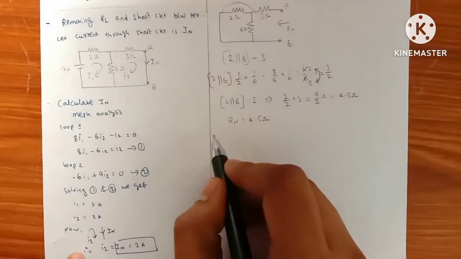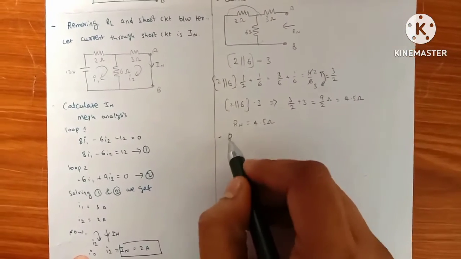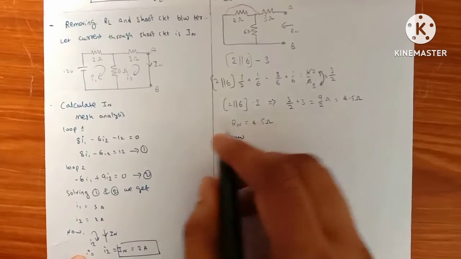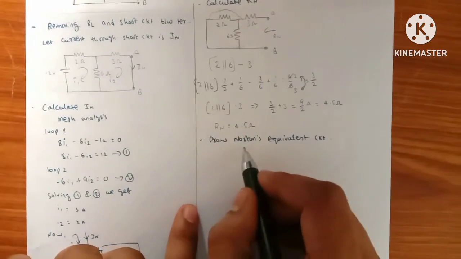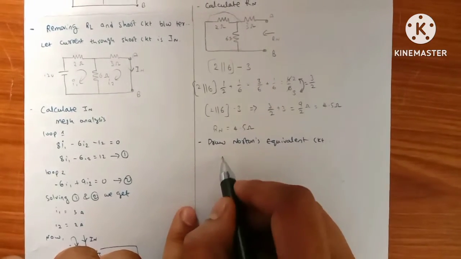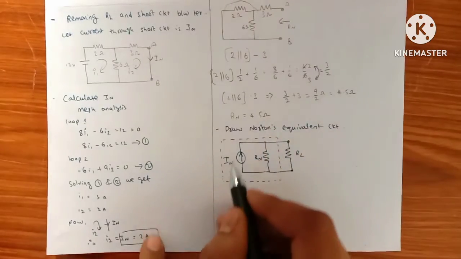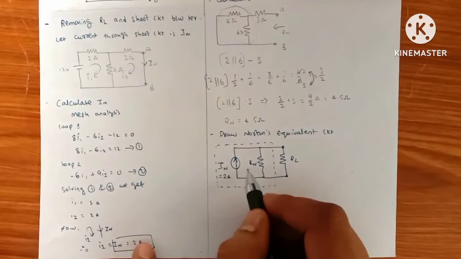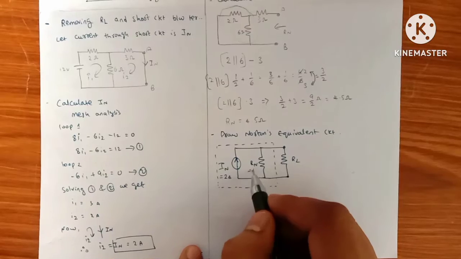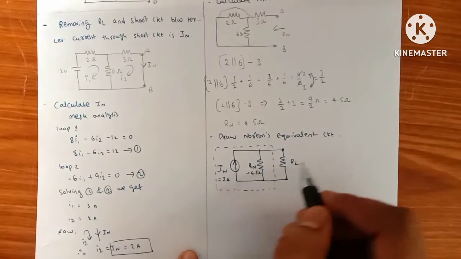Now the next step is to draw Norton's equivalent circuit. Norton's equivalent circuit looks like this. From calculation, we obtained IN equal to 2 amps and Rn equal to 4.5 ohms.